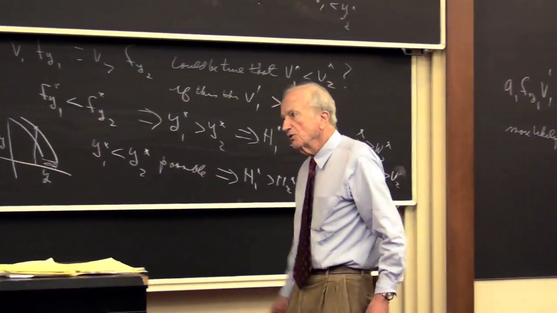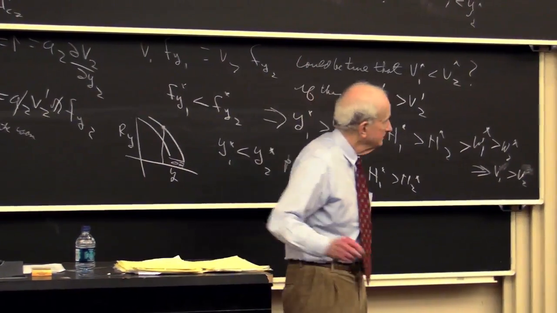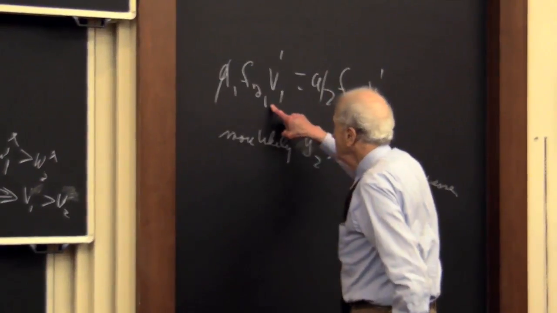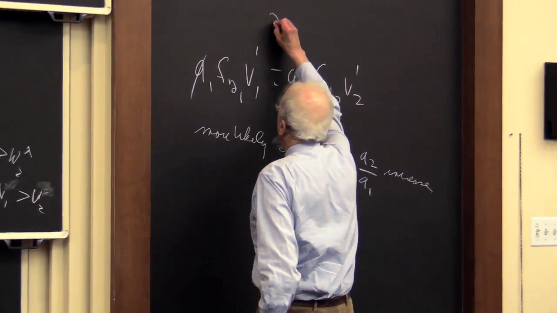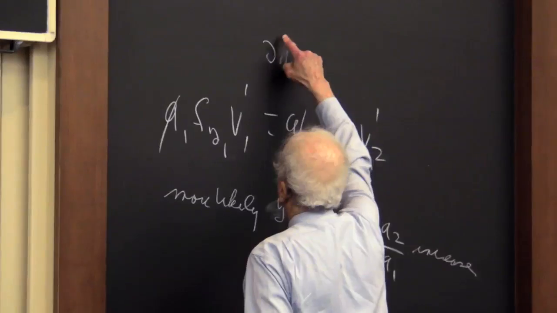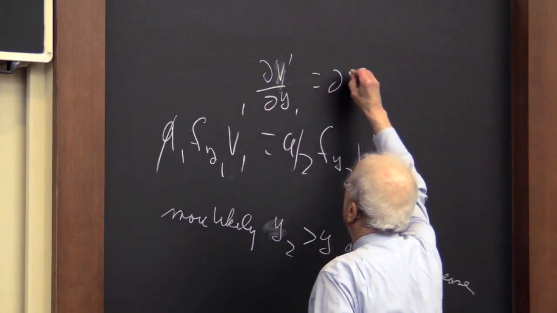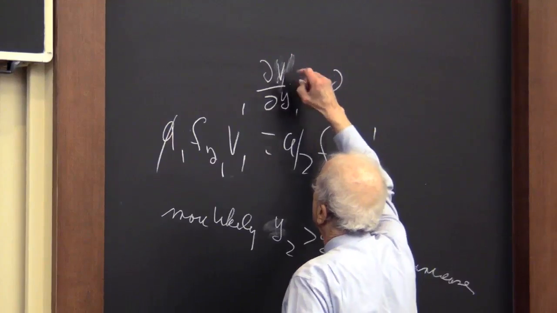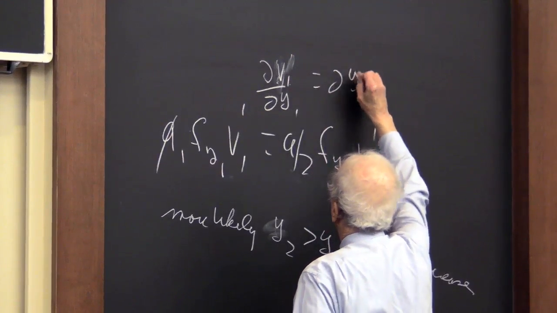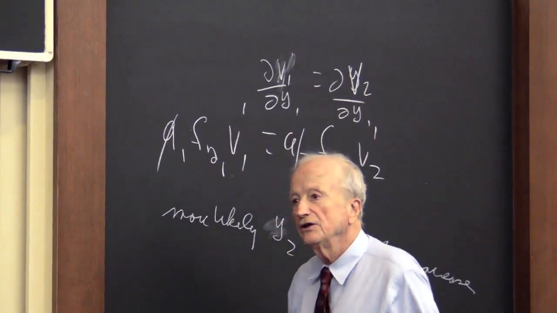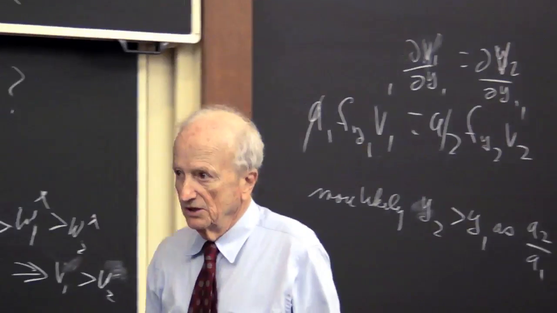Let's say the A's were equal. This is our condition. Another way to write that is that dv1/dy1 is equal to dv2/dy2. So the marginal utility you get is the same from each kid.